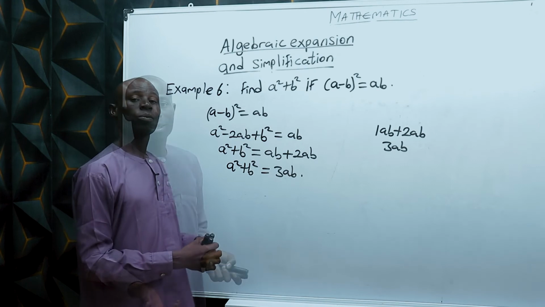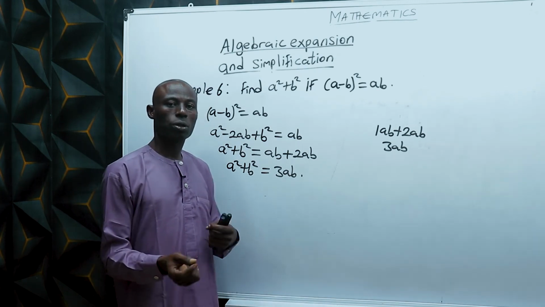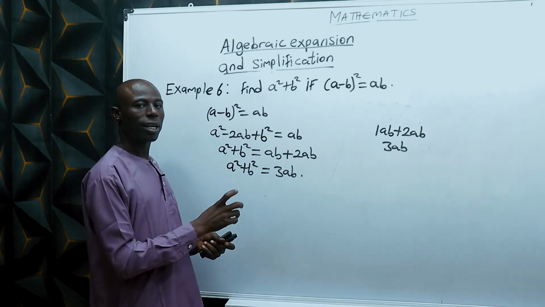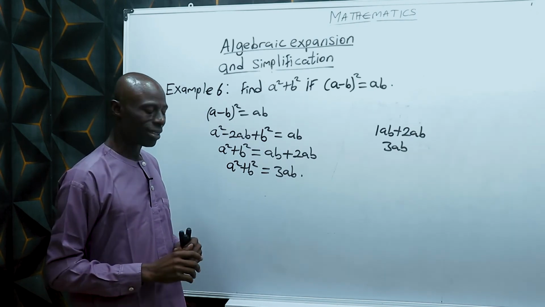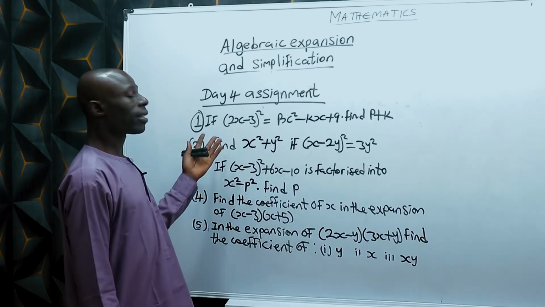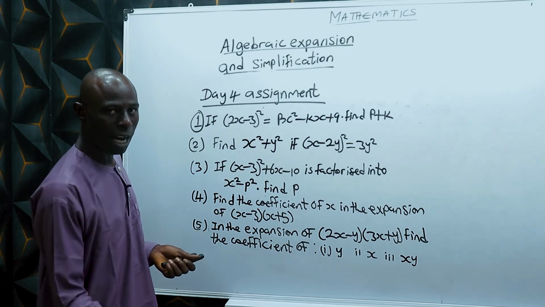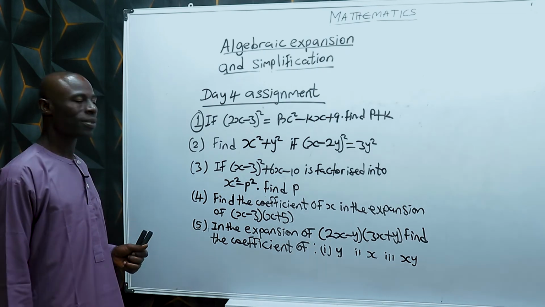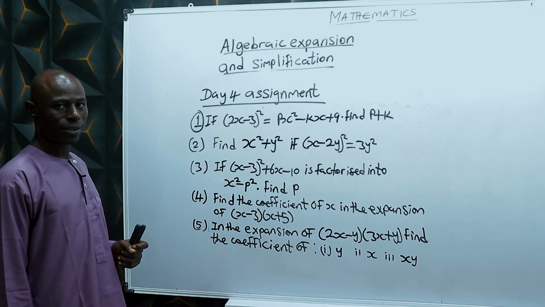That is the end. Let me give you some assignments to enable you to try your hands on this and become experts. Let's take these simple assignments to try our hands on. The 4 assignments.